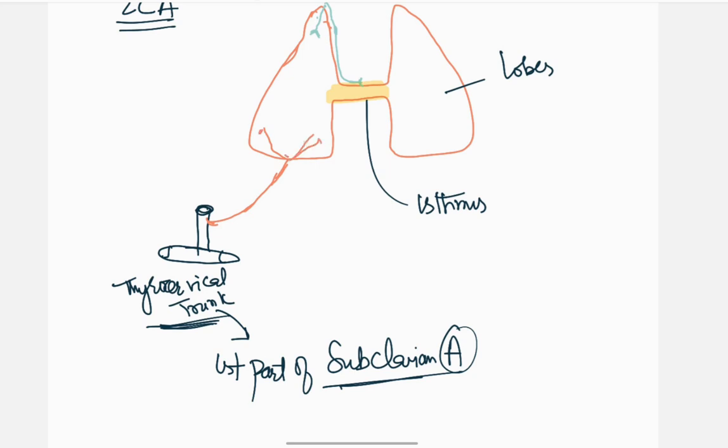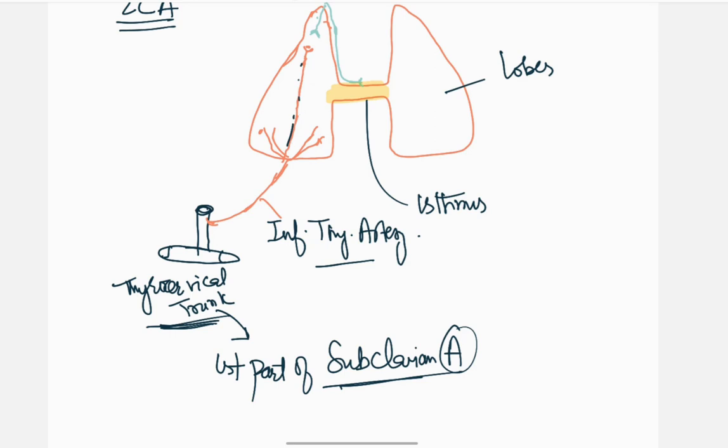It moves upward up to here, and the numerous branches terminate here, and this artery is known as the inferior thyroid artery. Inferior thyroid artery.